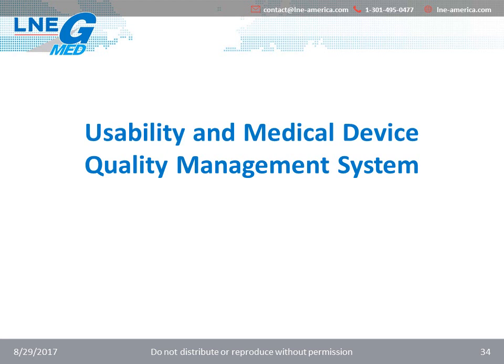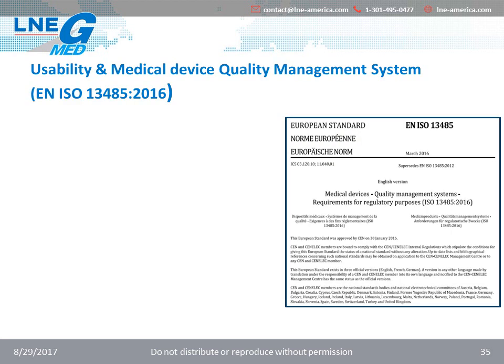Now, let's see how the medical device quality management system incorporates usability requirements. The medical device quality management system standard clearly added the usability requirements to the design and development section in the latest version of EN ISO 13485-2016 in two clauses.